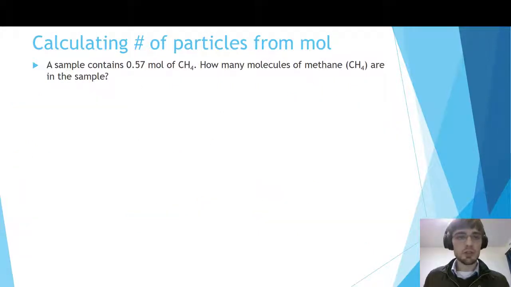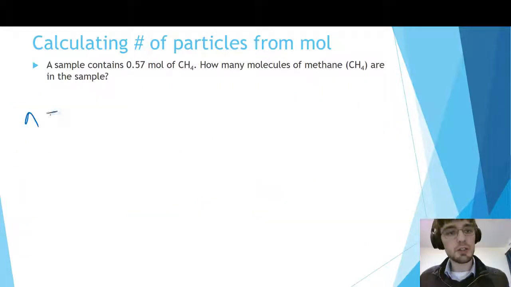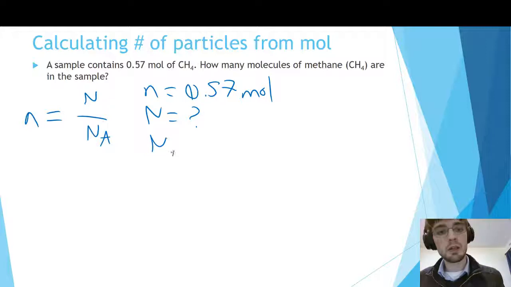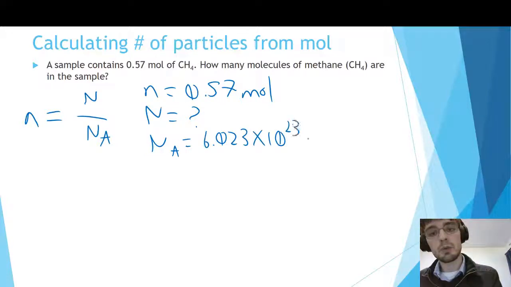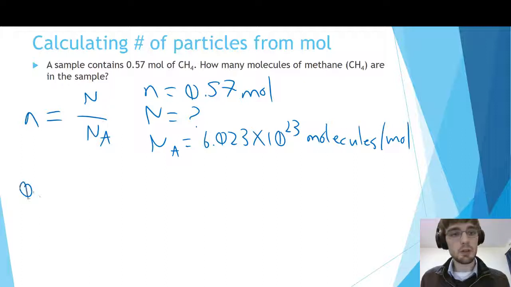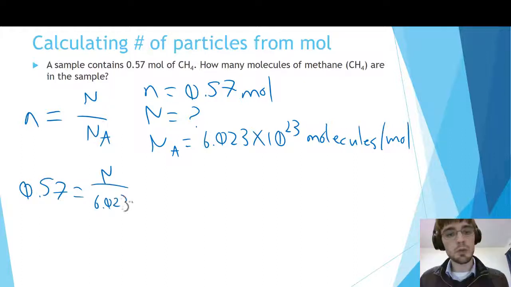And then we can do the same calculation using an equation like this. Again, we know n equals 0.57 mole. N is unknown. And Na equals 6.023 times 10 to the 23 molecules per mole. We sub these into the equation. 0.57 equals N over 6.023 times 10 to the 23.